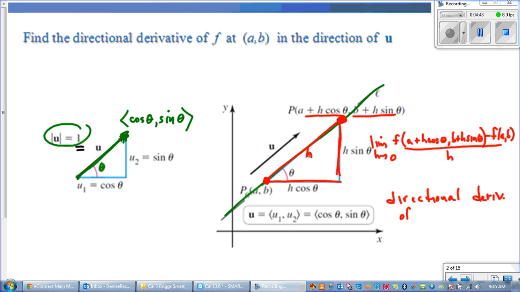So it's the directional derivative of f at the point (a, b) in the direction of u. It's important to realize that the direction must be given as a unit vector.